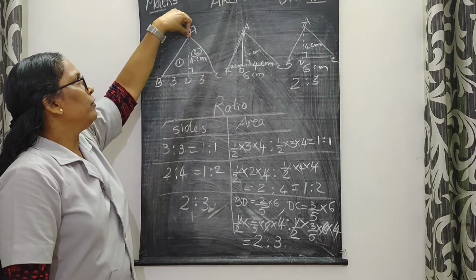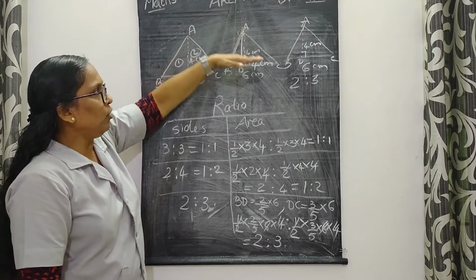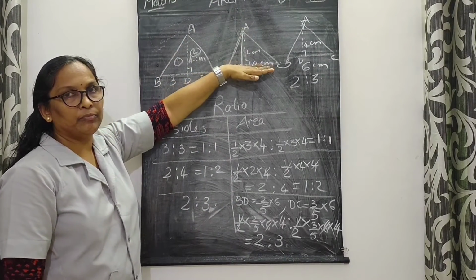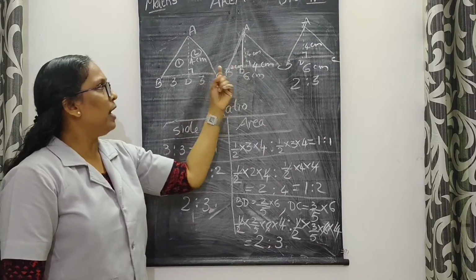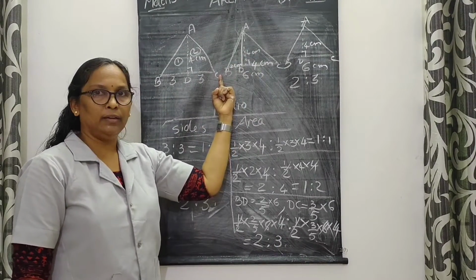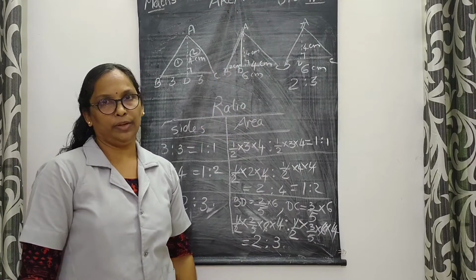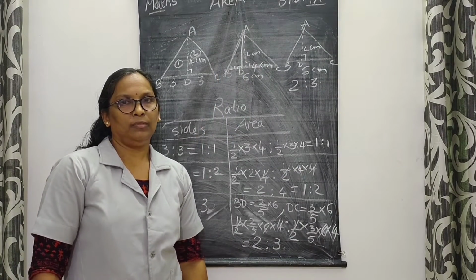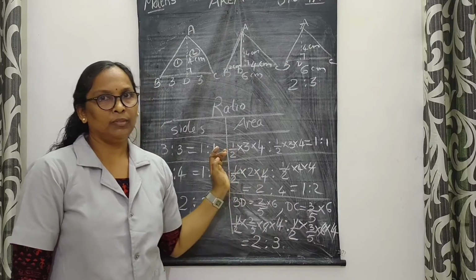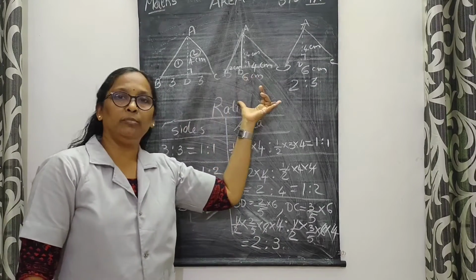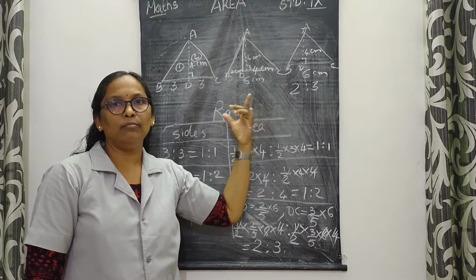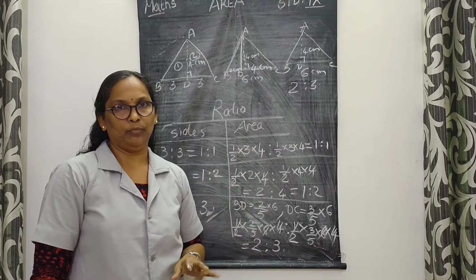A line drawn from a vertex to the opposite side divides that side and the area of these two triangles in the same ratio. Are you clear? Then using this principle, we can do some problems from the textbook.